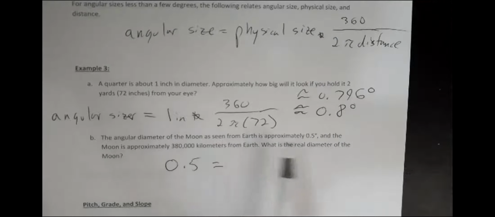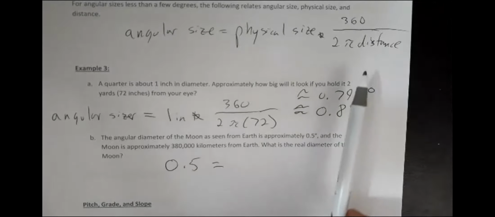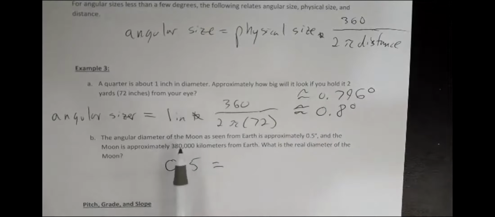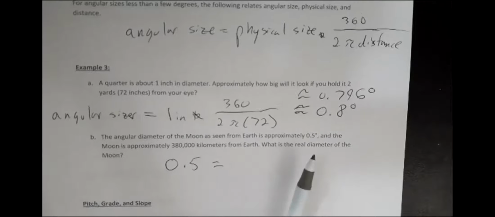So we're looking along here. We know the moon is 380,000 kilometers from Earth. That would be my distance from Earth, from my eyeball here on Earth. But we don't know the real diameter. That's what they're asking.